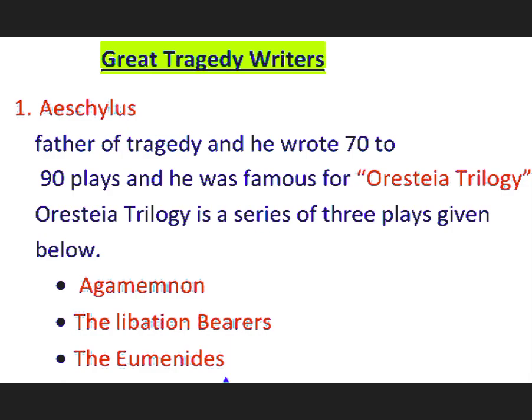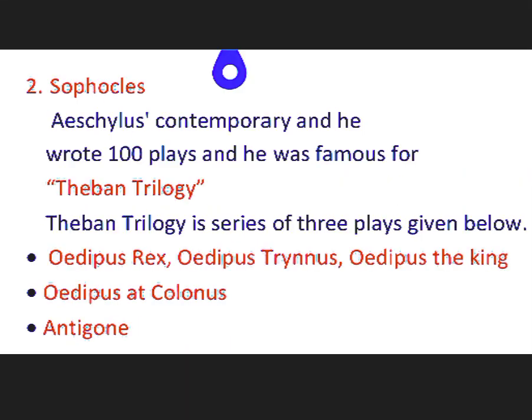The first one is Agamemnon, the second is Libation Bearers, and the third one is Eumenides. So these 3 plays make a trilogy which is called the Oresteia trilogy. Keep in your mind that the father of tragedy was called Aeschylus.